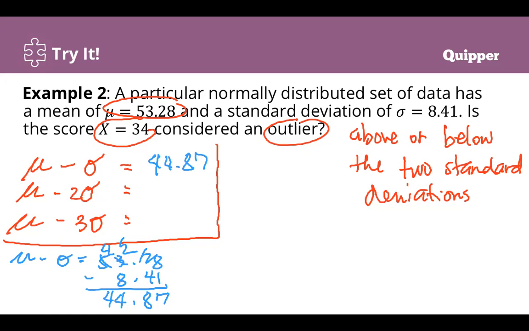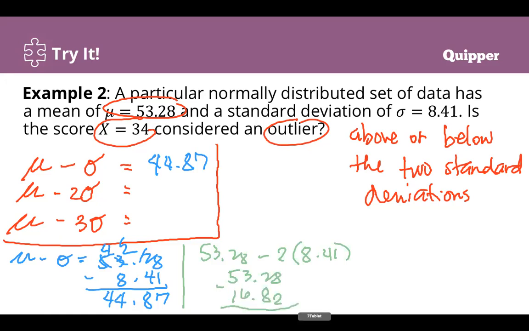Second one, and the second one natin, we have the mean, which is 53.28 minus 2 times 8.41. Okay, if we will do the one here, 2 times 8.41, we have 16.82.